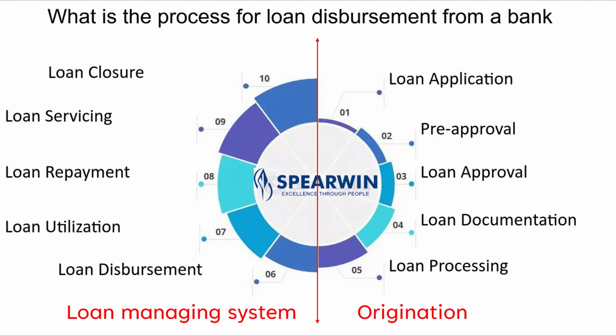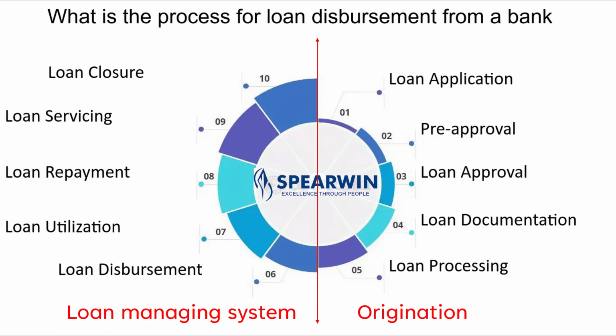And then finally, once the loan is getting processed, that loan application will be pushed to the loan management system. So in that loan managing system only, we will have the full accounting and processing until the closure portion. So either these two can be managed in a single system, or we can have two different systems for origination and loan management system.